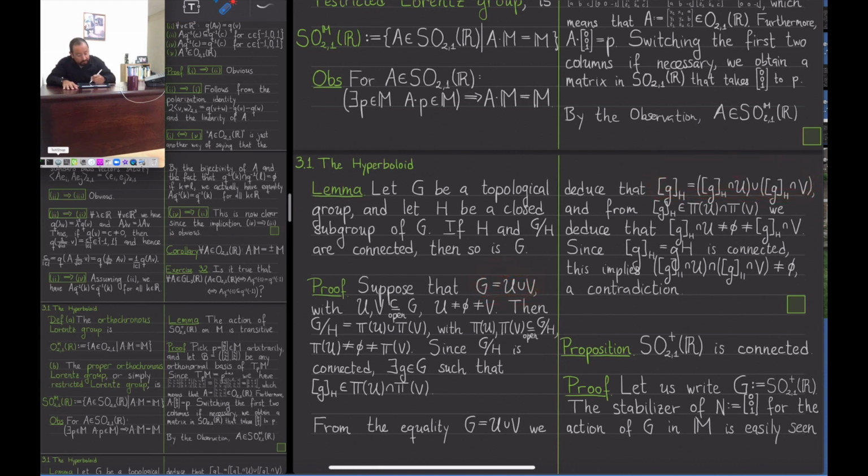And now, from the fact that this coset belongs to pi of U and pi of V, we see that there is some element in U, pi of which is this coset. So this intersection is not empty. And similarly, there's some element of V, pi of which is this, so that element belongs to the coset. So this intersection is also not empty.